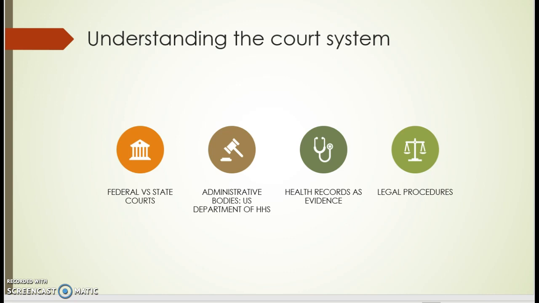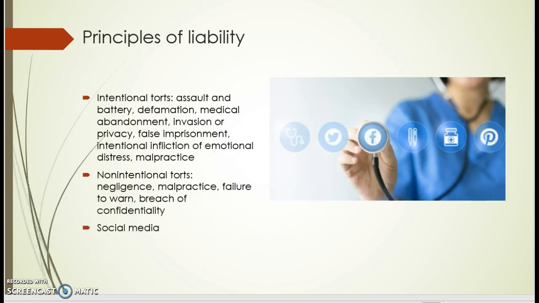Think about some of the times that you have used health records and how they can actually be used as evidence in suits. And think about the kinds of legal procedures that happen in healthcare. Think about principles of liabilities. There are intentional torts and non-intentional torts.